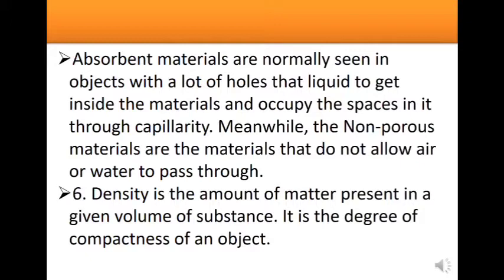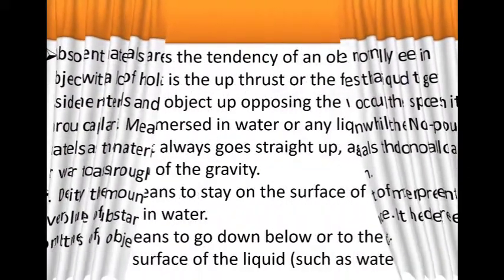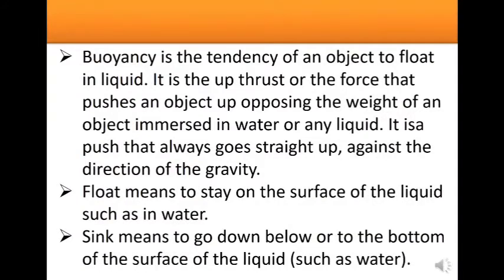Another, density is the amount of matter present in a given volume of substance. It is the degree of compactness of an object. Buoyancy, on the other hand, is the tendency of an object to float in liquid.